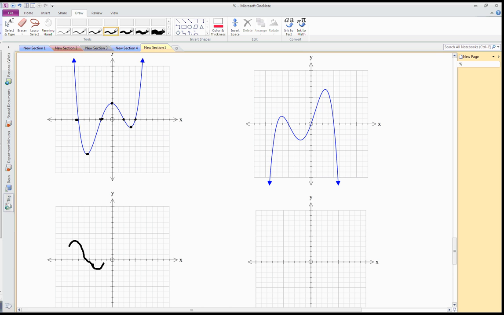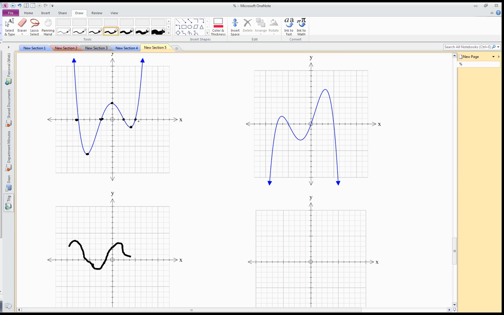Again, I've got another point of inflection, so it's going to be coming up, and at that point it's going to start turning. At this point here, I'm going from a positive gradient to a negative, and it's zero at that point, so I must have a turning point right there. This again is a point of inflection, where I'm going from concave down to concave up.